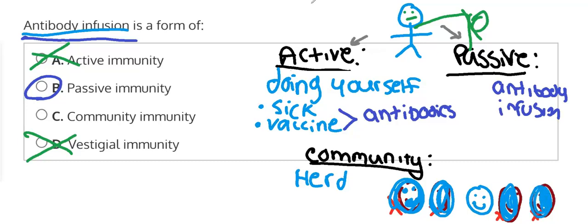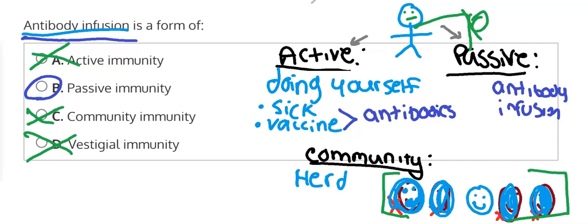Now this is just an open area for infection, because nobody is protected and nobody is surrounded by anybody else who is protected. So they all are now at equal risk of developing the illness. That's just something to consider as a side point when you're reading about community immunity. So we can eliminate that.